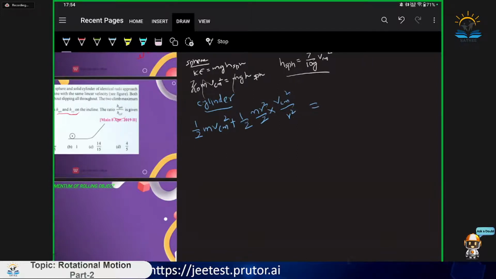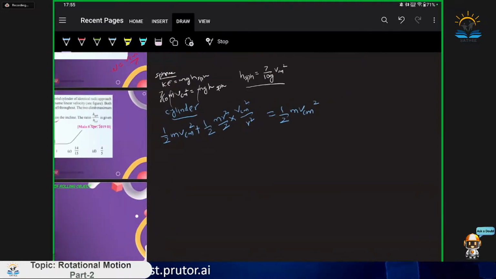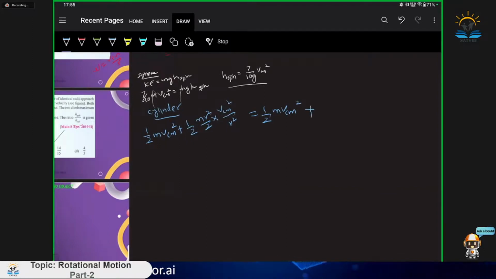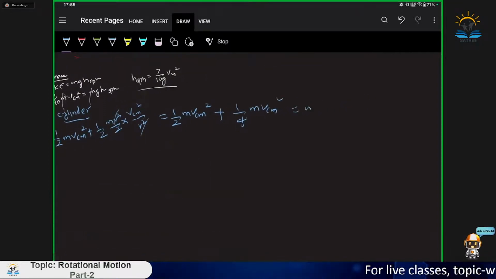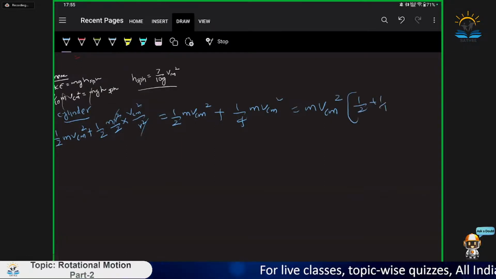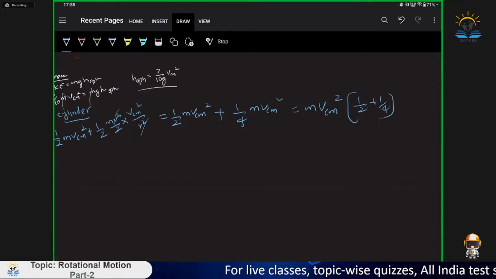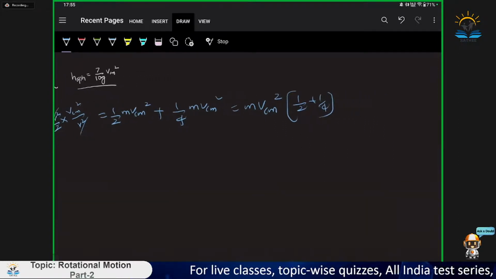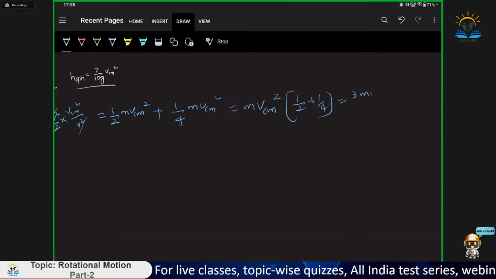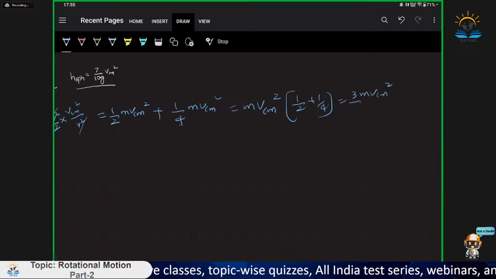It will turn out as half m VCM square plus, r square gets cancelled, 1 by 4 m VCM square. So m VCM square we can take common: 1 by 2 plus 1 by 4. How much? 6 by 8. That is 3 m VCM square by 4.